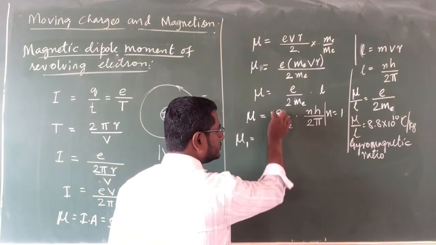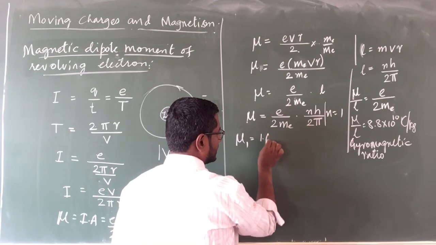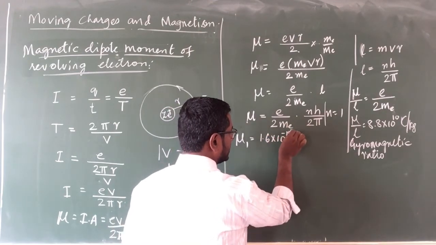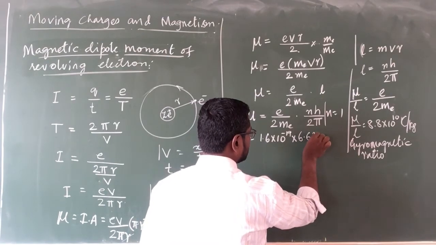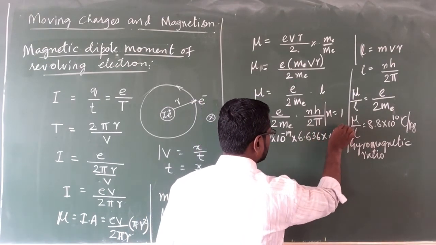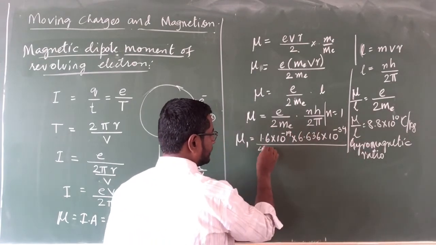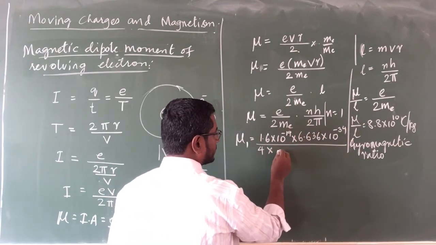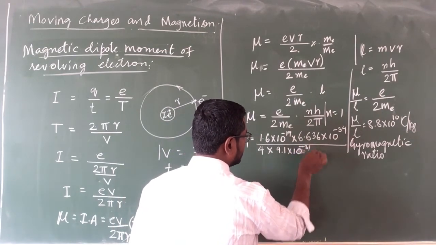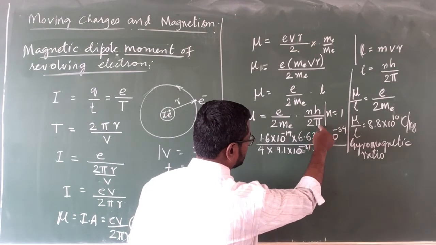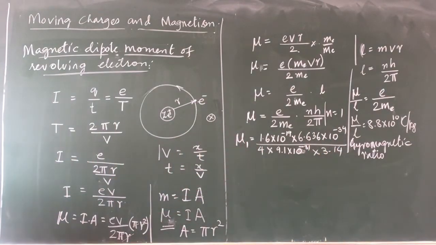This will be equal to, since n is 1, I'm going to drop that, e is 1.6 into 10 to the power of minus 19 into h, the Planck's constant, which is 6.626 into 10 to the power of minus 34, divided by 2 into 2, I can take it as 4, me is the mass of electron, 9.1 into 10 to the power of minus 31, into pi is 3.14. So I have substituted all the constants.